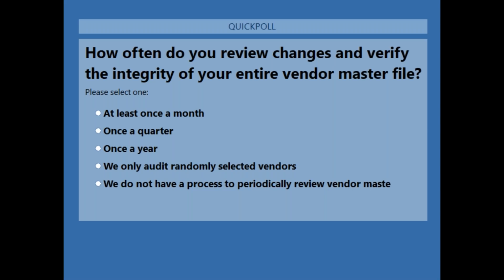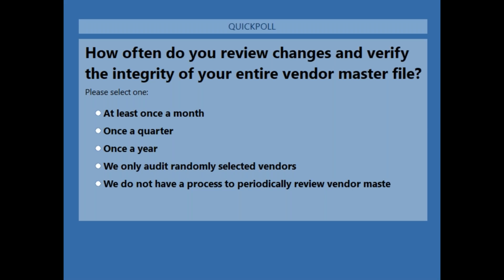So question, how often do you review changes and verify the integrity of your entire vendor master file? Options are at least once a month, once a quarter, once a year. We only audit randomly selected vendors. And then the last one, we do not have a process to periodically review vendor master data changes.